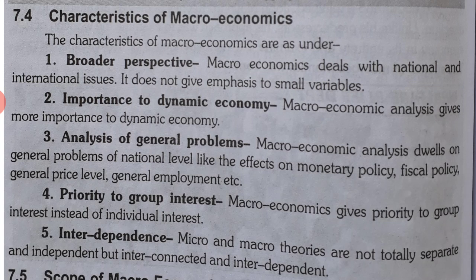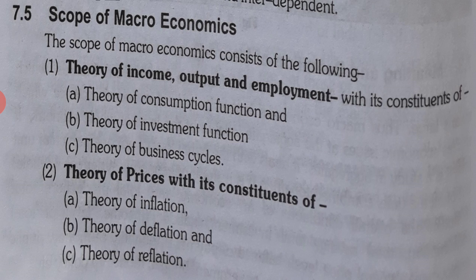So the fifth point is interdependence. It means the two are playing side by side, without which the other will not work. Now, the scope of macroeconomics can be divided into three parts. The first is the theory of income, output and employment, where we study consumption function, investment function and business cycles.